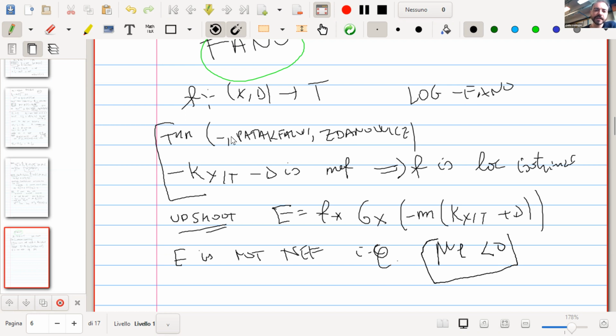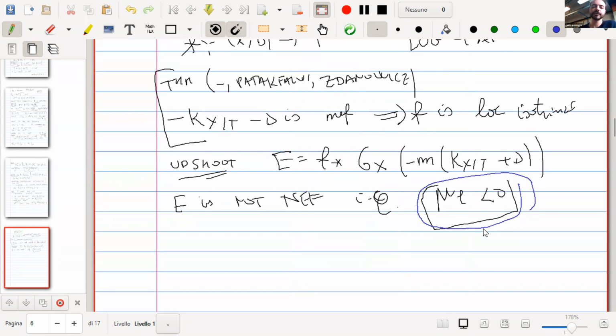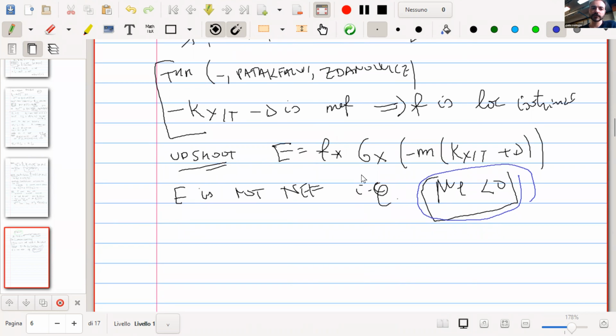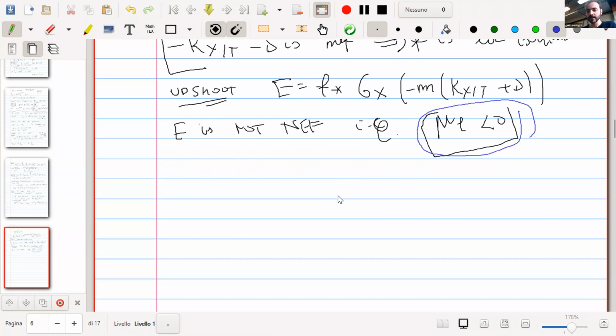Of course, if f is isotrivial, I assume f is not isotrivial. So if f is not isotrivial, then this mu L will be strictly negative. So all the above arguments do not work, because when you do inequalities, you always have to have mu L positive. So in this case, the above argument will not go through.